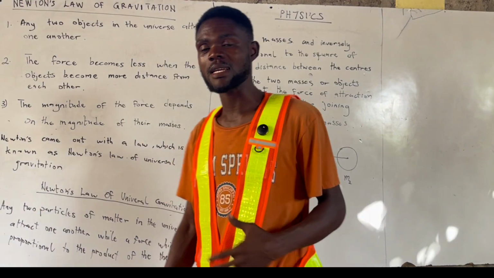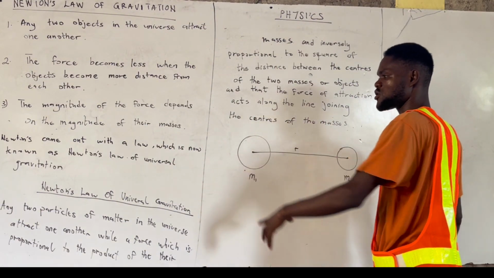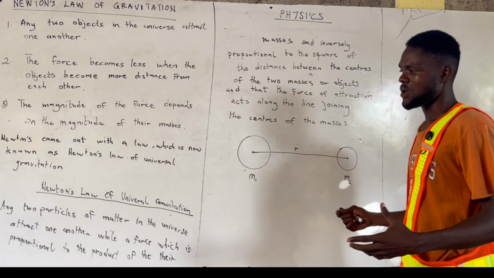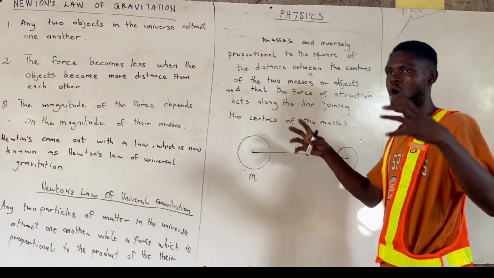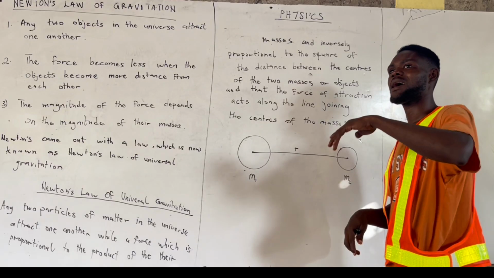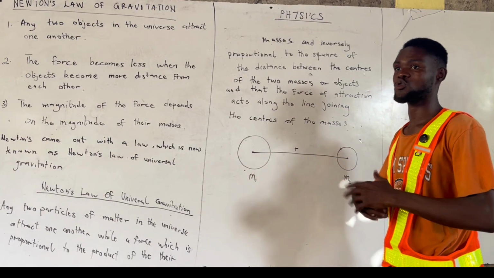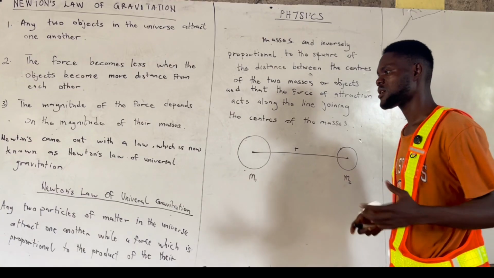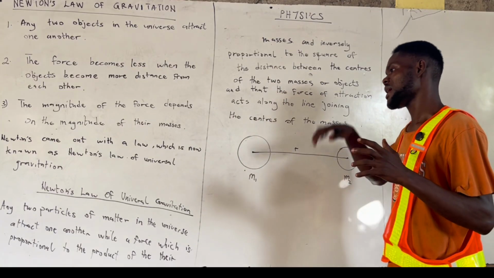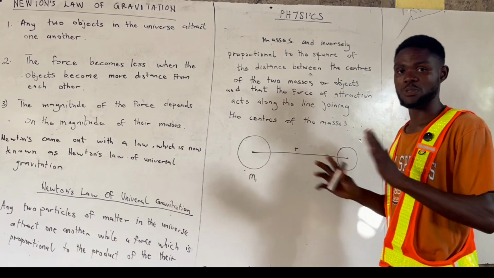What it's trying to say is that Newton's law of universal gravitation talks about any two particles in space or in the universe. I can pick Earth and the moon, or any two bodies in space.